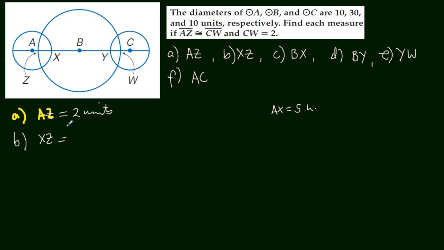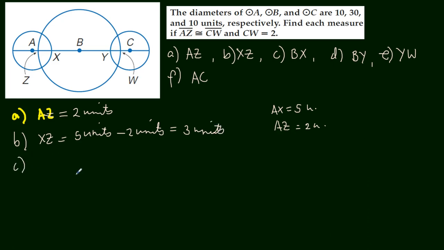That means X zeta is, and A zeta is equal to 2 units. That means X zeta is 5 units minus 2 units, which gives us 3 units.